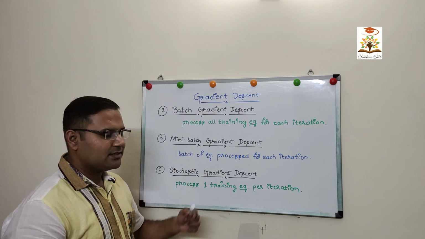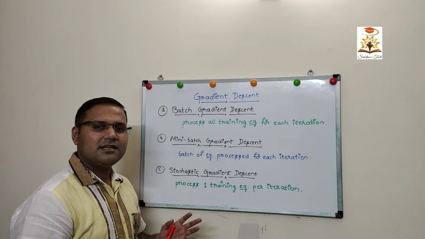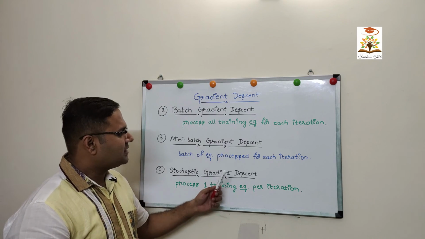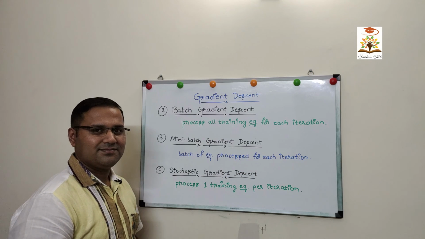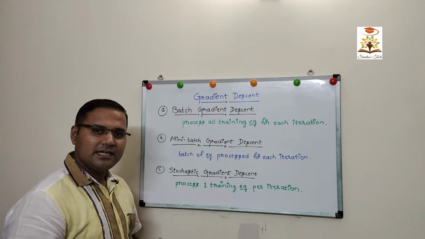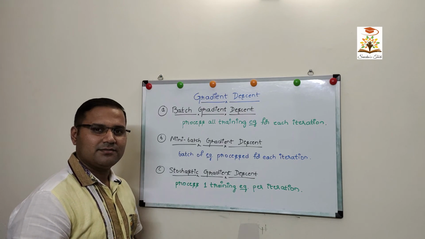In mini batch gradient descent, we randomly shuffle the data and subset a certain number of training examples for processing in each iteration. In stochastic gradient descent, we process one training example per iteration.